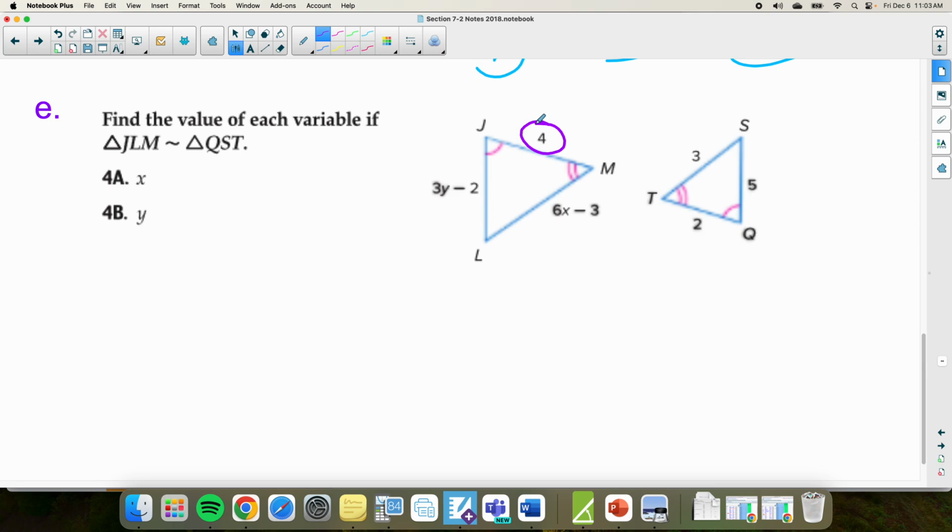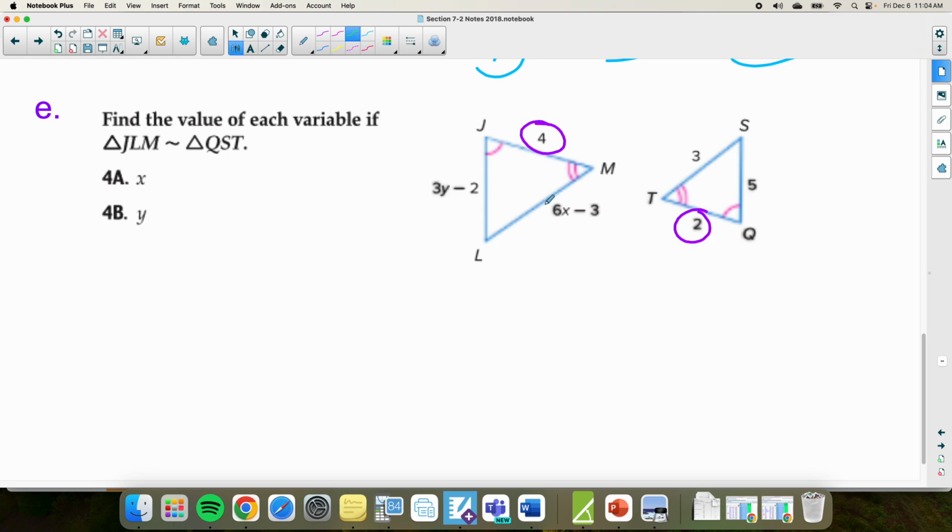That side is between an angle with 1 arc and 2 arcs, so that's going to correspond with the 2 of the other triangle. That's between an angle with 1 arc and 2 arcs. Now, notice that I have an x and a y that I have to solve for.